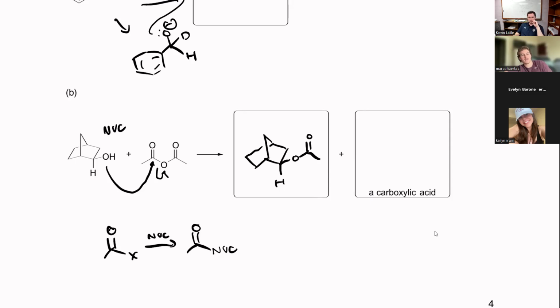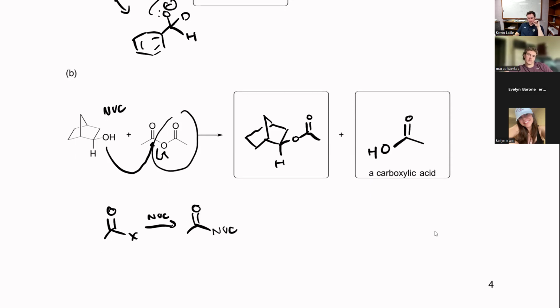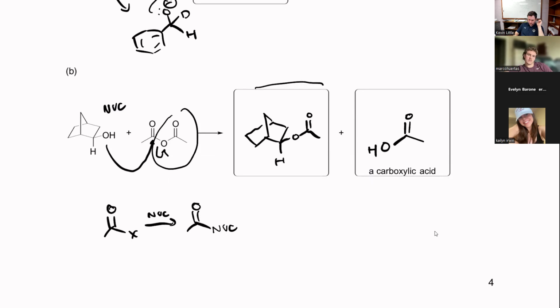So what is left over here? We have this oxygen, and it says it's a carboxylic acid. So this is actually where that proton goes. Do you guys see that? Was this jump reasonable? Did I jump too far to just substitute this O for this O? Yeah, that makes sense. Okay, cool.